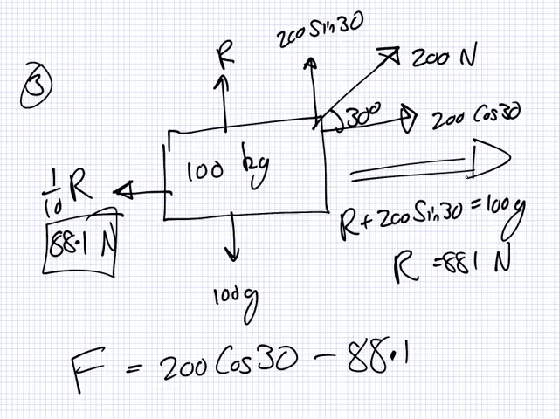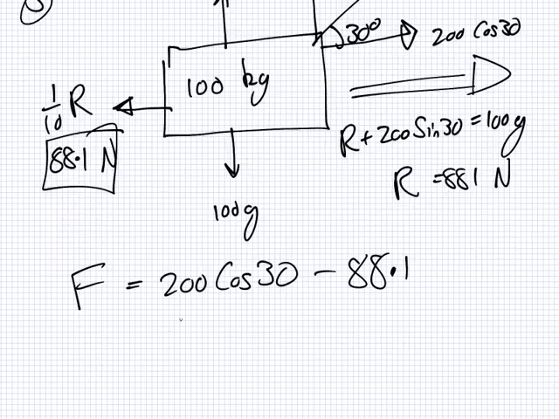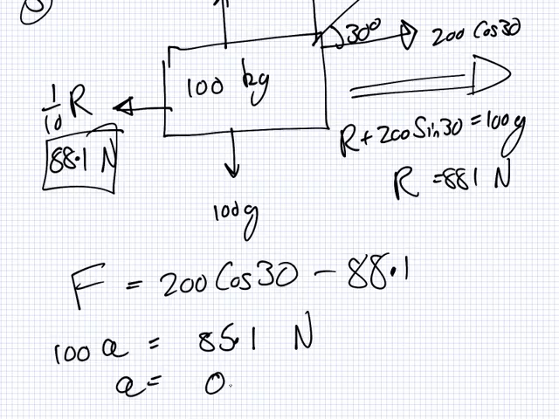So 200 cos 30 minus that number. 172? Is it? It is not. It's 85.1 newtons. But what's force? MA. And what's M? 100. So then the A would be 0.851 meters per second squared. That's this answer.